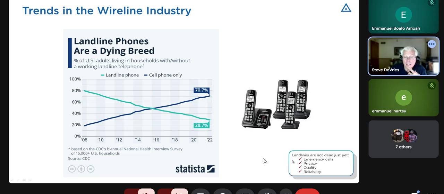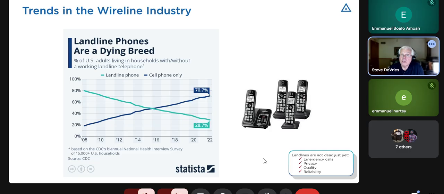Landlines, though, are not dead. Landlines are still good for emergency calls. It knows exactly where you're at. It doesn't have to go out and pinpoint your location. On a mobile phone, if you dial an emergency number, a separate signal has to go out to find where you're at. On a landline phone, it knows where you're at because your landline is tethered to that street address.